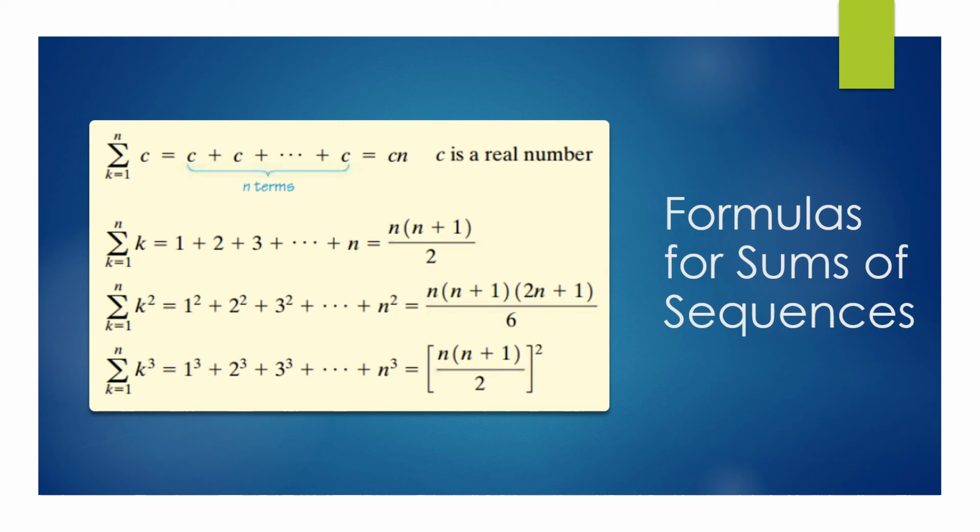So if we have a sum, the summation of k equals 1 to n of c, then that means we're just going to be adding c over and over again until we get to n. So this is equal to Cn.